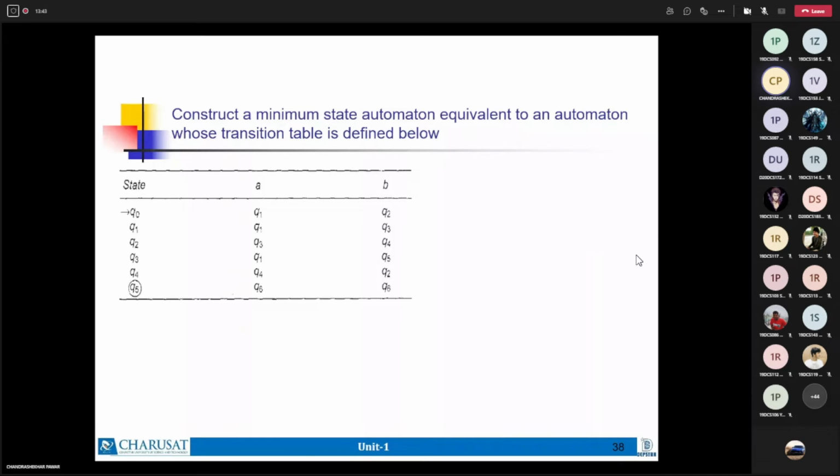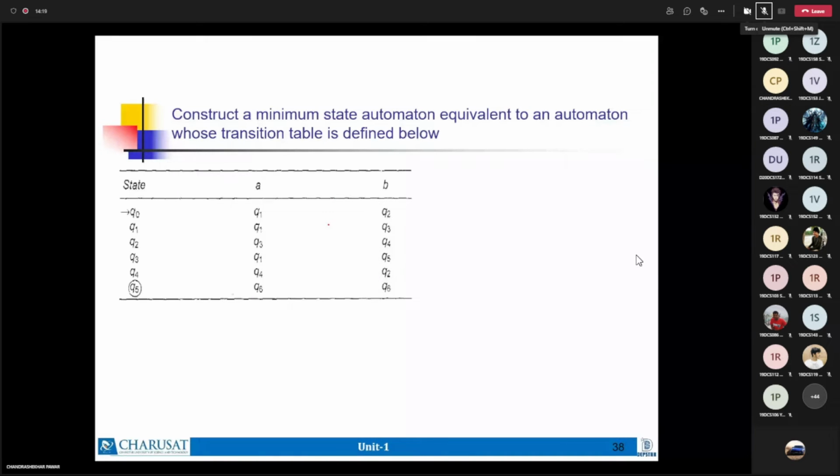Does anyone remember step number 1? How do we minimize this finite automata? There are certain steps. Finding pi 0. Yes, but how are we going to find pi 0? We will group final and non-final states. So let's start with pi 0.